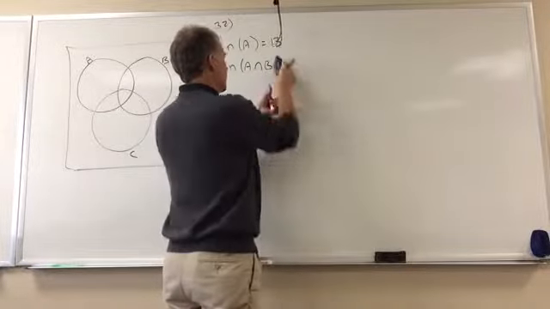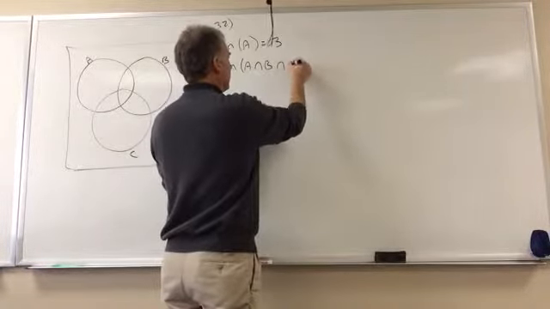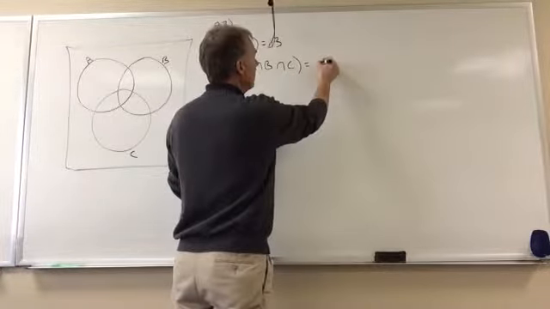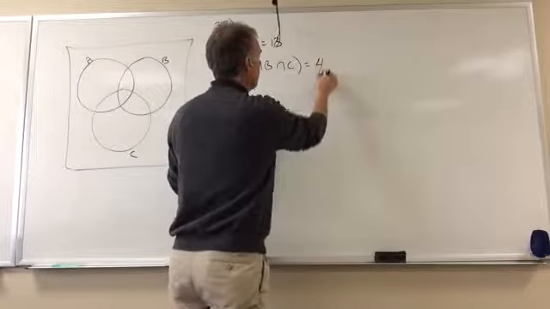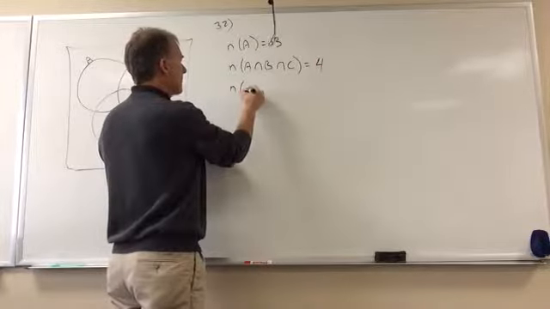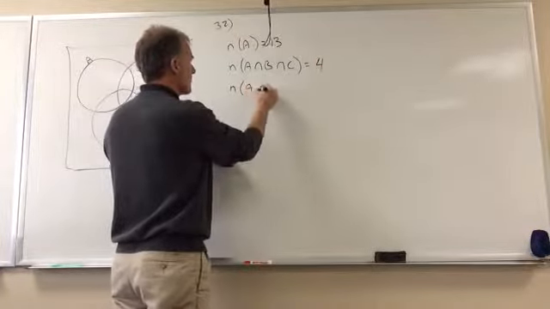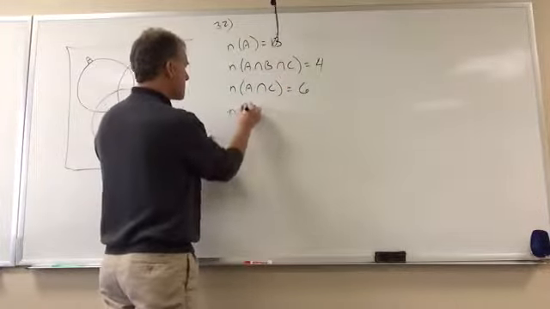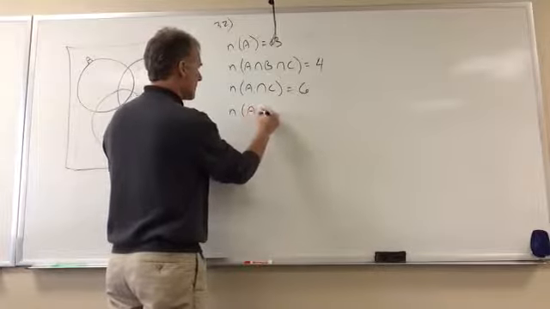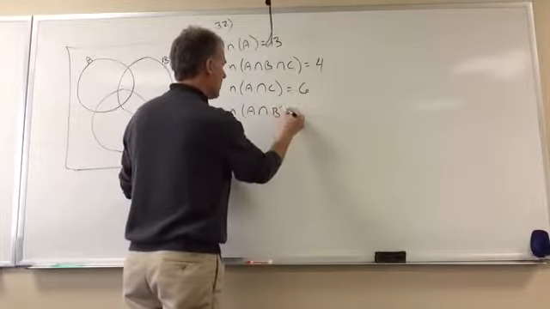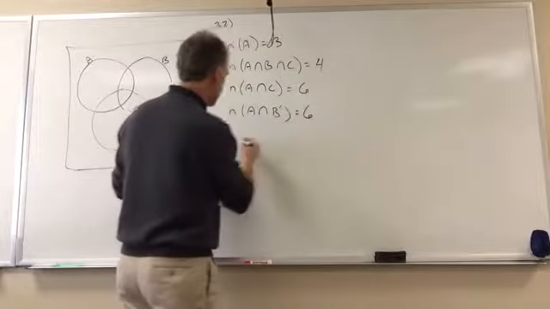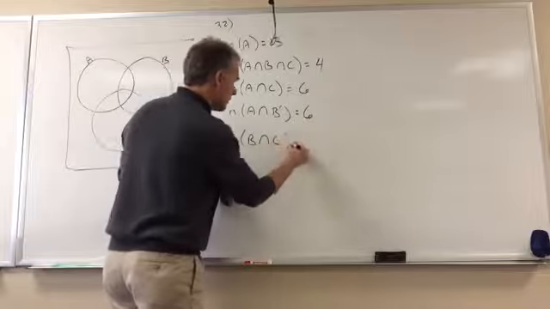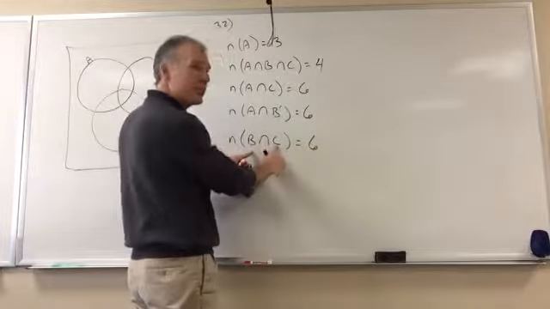Like that. Yes. And then equals 4, and A intersect C equals 6, and A intersect B prime equals 6, and B intersect C equals 6. Were one of these prime? I can't remember.